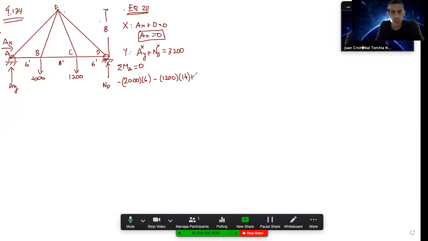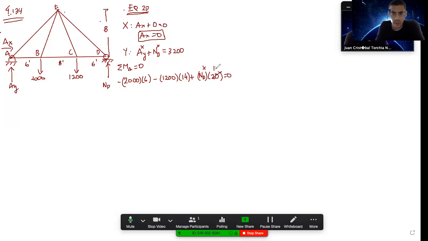And one moment compensating, which is ND, that's the force multiplied by the distance. And the distance is actually 20. So 20, and this should equal 0. So ND is not known and everything else is known. Therefore, I think I can get it. So what I did here with my awesome skills for algebra and arithmetic, I'm just being sarcastic.